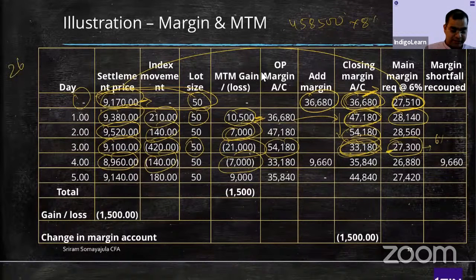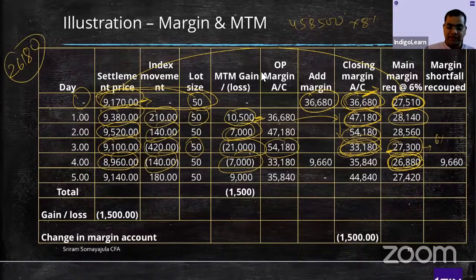You are always required to maintain 8,960 into 50 into 0.06. That is 26,880. You cannot go below 26,880, but you've already fallen to 26,180. Where is this 26,180 from? 33,180 minus 7,000 loss. So you've basically fallen below the maintenance margin.